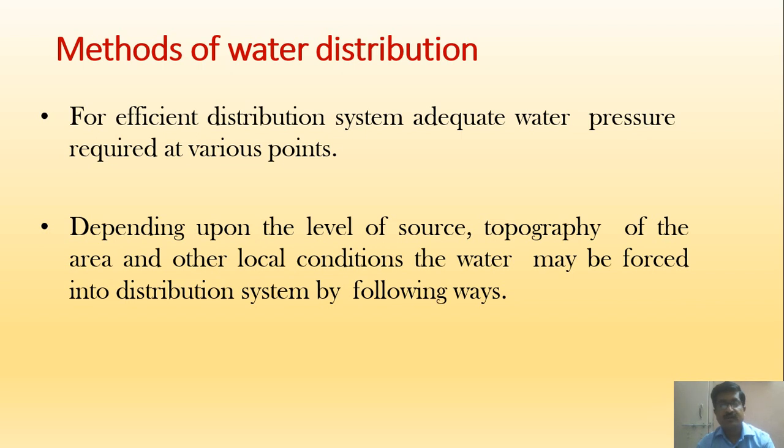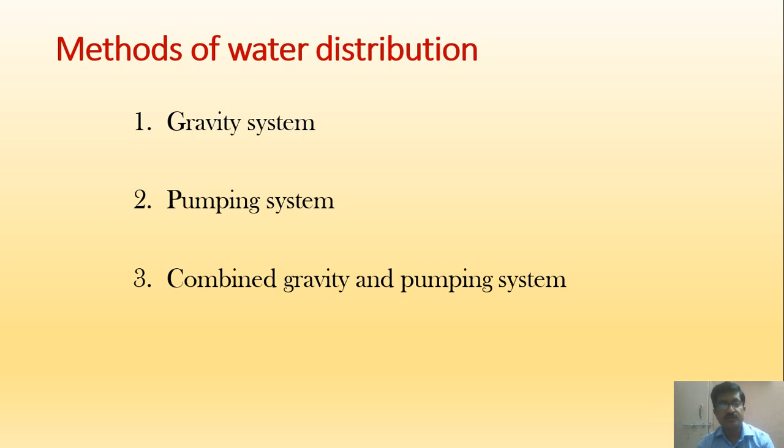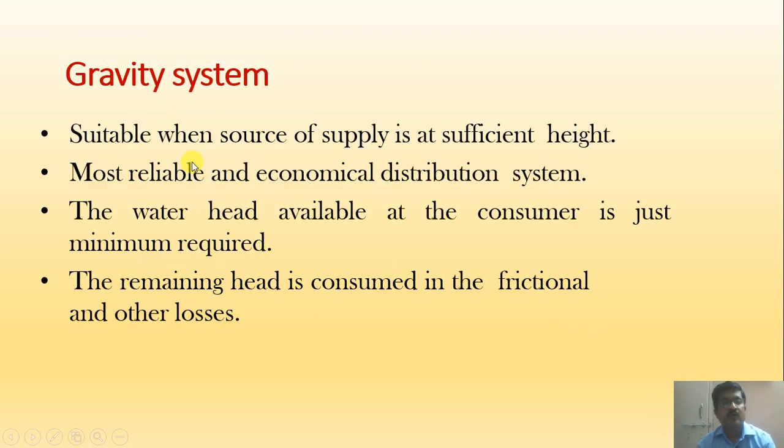So let's have a glance at this type of water distribution system. Methods of water distribution: one is the gravity system, another the pumping system, and the combined gravity and pumping system, also called a dual system. The gravity system is suitable when the source of supply is at sufficient height.